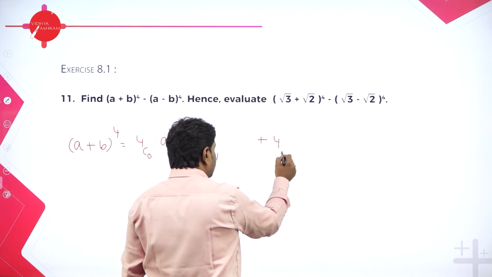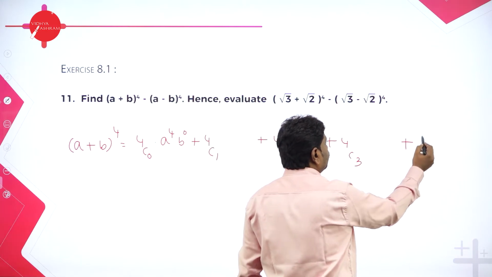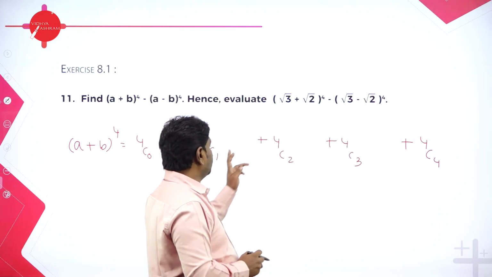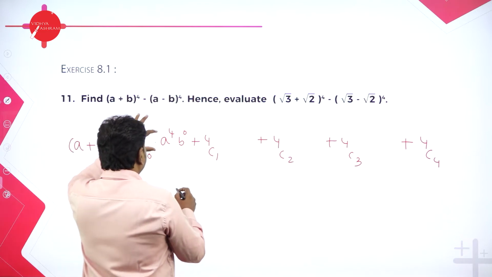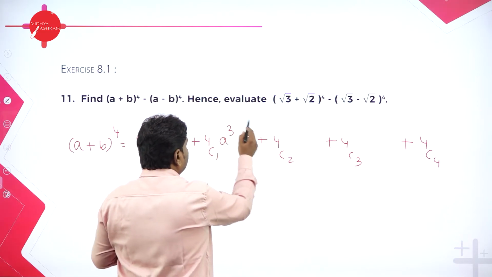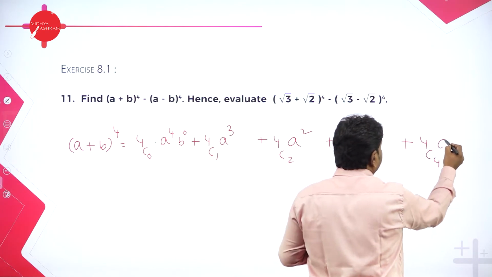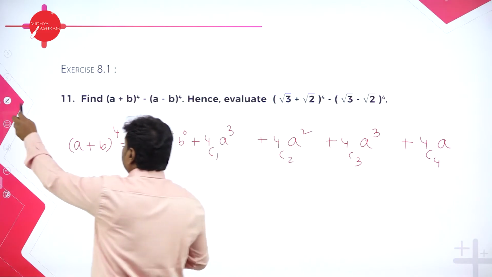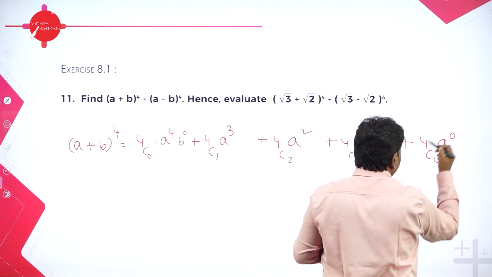Then I should take 4C2, then 4C3, then 4C4, and I should stop the process. Then for a, the first term, take power 4 and go on decreasing: a cube, then a square, then a, power 2, power 1, then power 0.